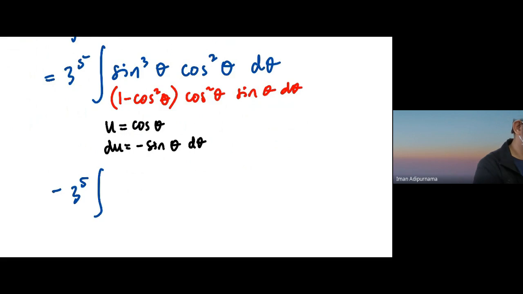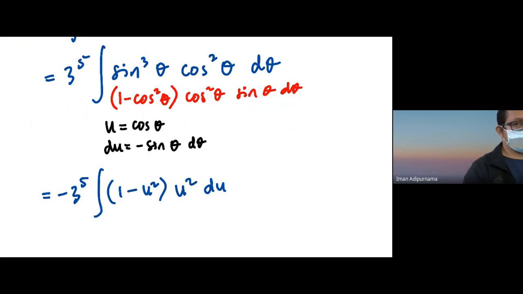Minus because of the minus sign. So 1 minus u squared, and then the sine is already canceled. We have du, and we can calculate this.